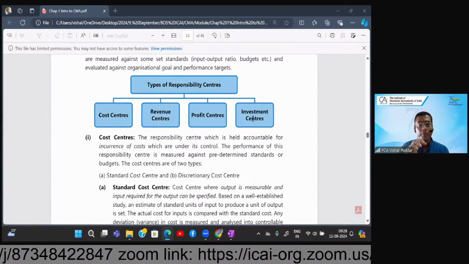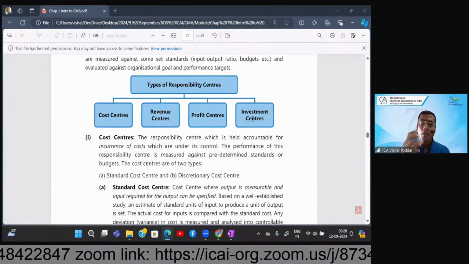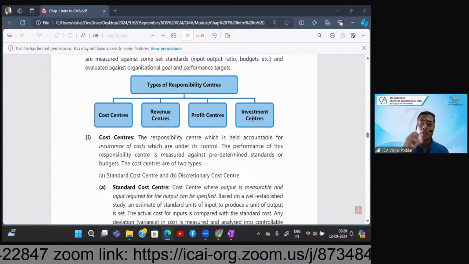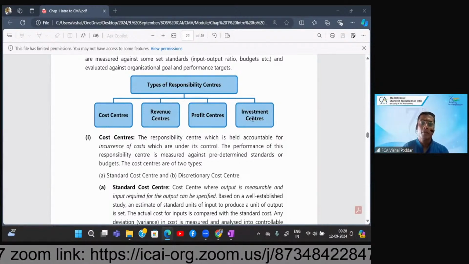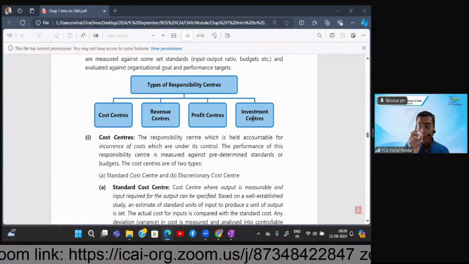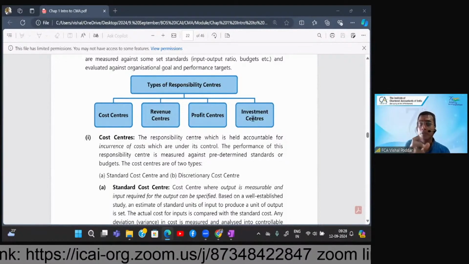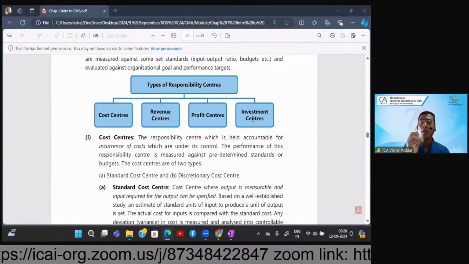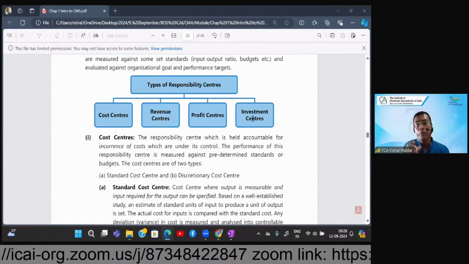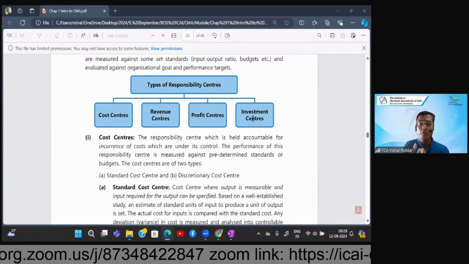And when I'm investing a lot in any branch, because my branch is, let us say, a highly technical branch where plant and machinery investment is huge, or the investment in technology is used, then I'm always looking at the branch from the investment perspective, because I'm investing huge. Some 1,000 crores is going in one branch. Let us say Adani is setting up ports in different parts. So every port in a different part of the country is a center because it is one of the branches for Adani.